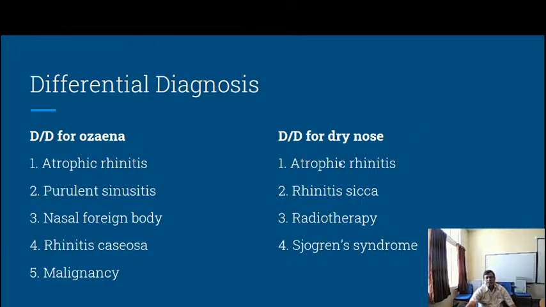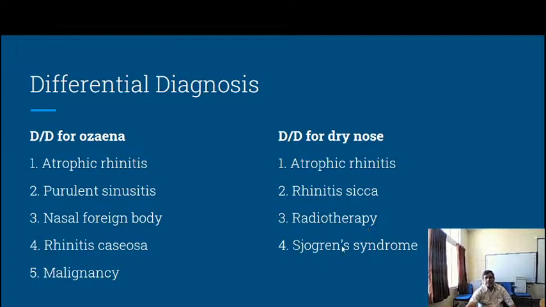Now, for dry nose: atrophic rhinitis, and rhinitis sicca, which is usually found in people who work in kitchens where there is a lot of heat, and in refineries and industries where a lot of hot air is coming out. Such people usually have rhinitis sicca.